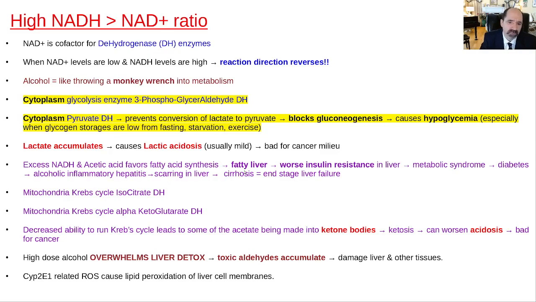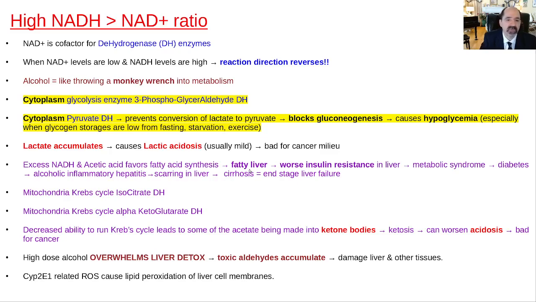So what else happens? Well, you accumulate fat in the liver because you can't run the energetic pathway so well, and you've got so much of this stuff coming in all of a sudden. So alcohol strongly predisposes to fatty liver. I see tons of fatty liver every day. It tends to be worse in the alcoholics than the person who's just eaten processed food and junk food. I mean, don't get me wrong, they can get a pretty severe fatty liver as well, but in alcoholics, they often get a severe fatty liver.